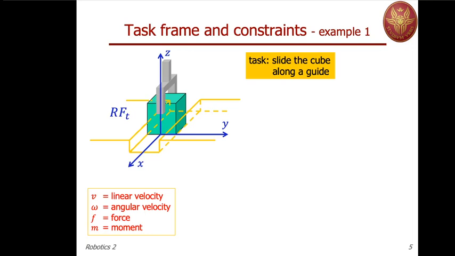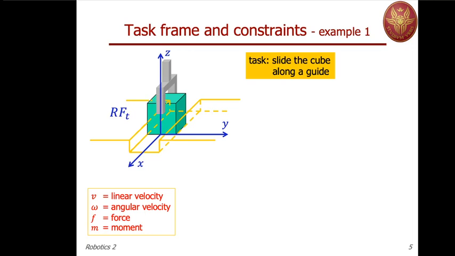So let's do a few examples in order to understand how natural constraints, also called geometric constraints, are associated to a particular interaction task, how artificial constraints are specified accordingly, and what are the choices that we can make there. In these few slides, I'm presenting three examples of increasing complexity.